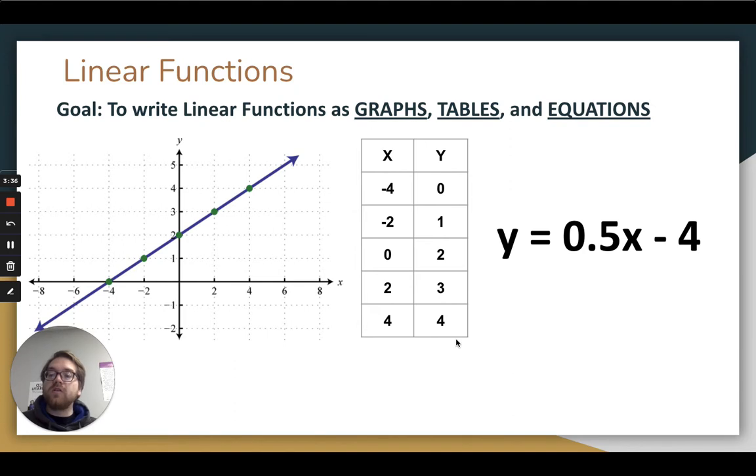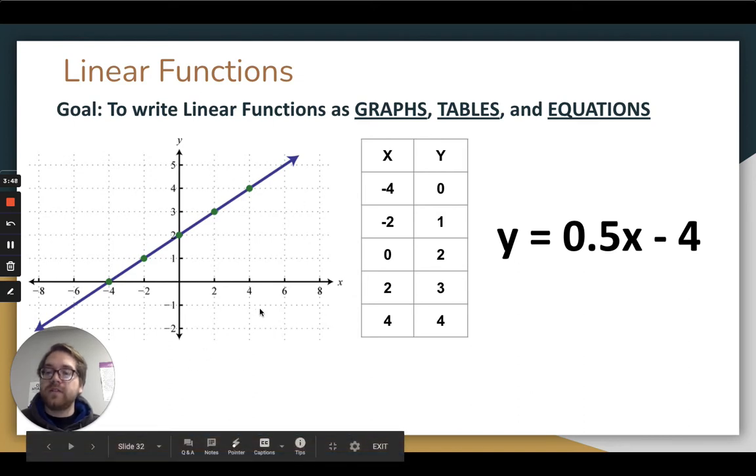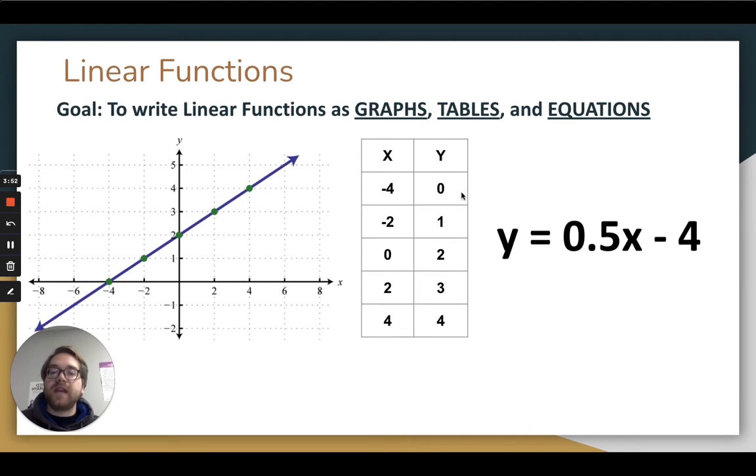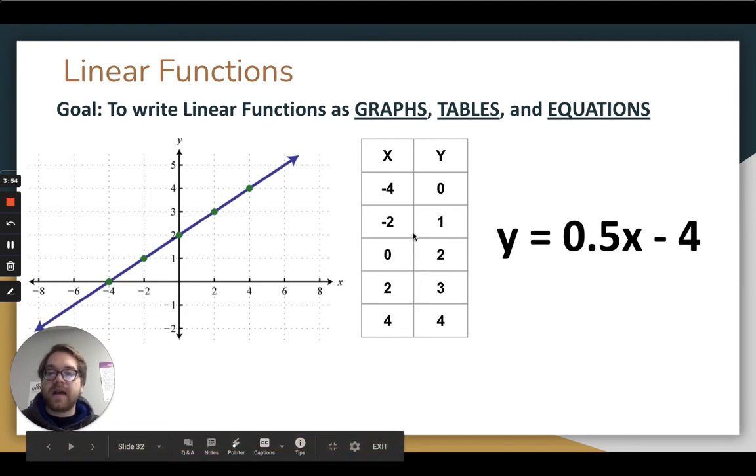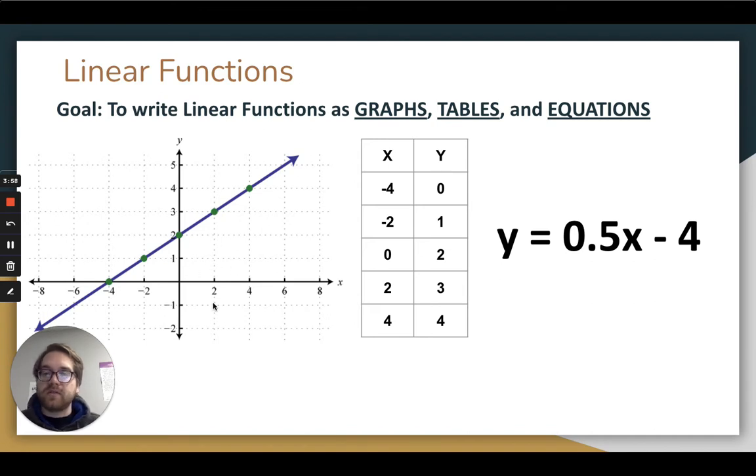So the overall goal for this lesson, this is a two-part lesson, and the overall goal for both of these parts is to write linear functions as graphs, tables, and equations. We've looked at graphing a little bit and how to graph points. We've looked at XY tables, and how to take a graph and put it into a table, or take a table and put it into a graph.